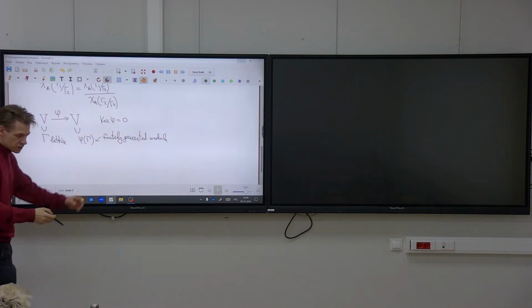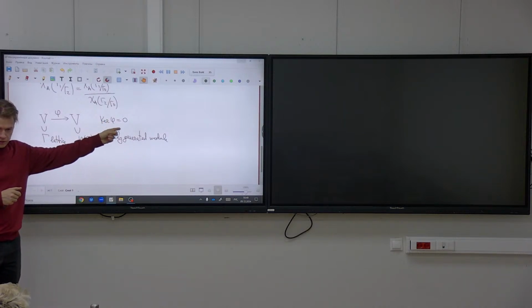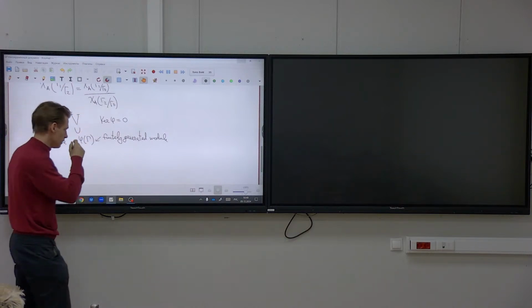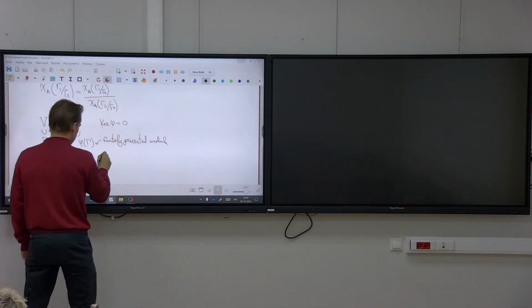Otherwise, the idea is that you can take any basis in the kernel and use it as part of the basis for this an. So let me write it down.